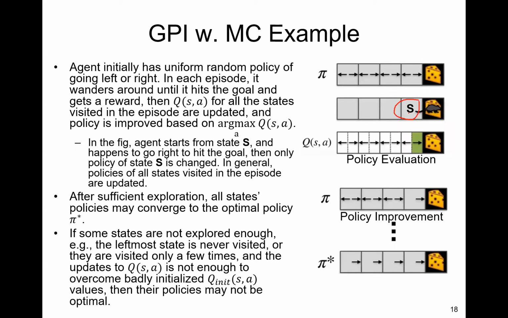Then only the policy of state S is changed. Only this policy is changed. But in general, policies of all states visited in the episode are updated. So if you start from this state and you move right and hit the goal, then all three states' policies will be updated. So, just to clarify.